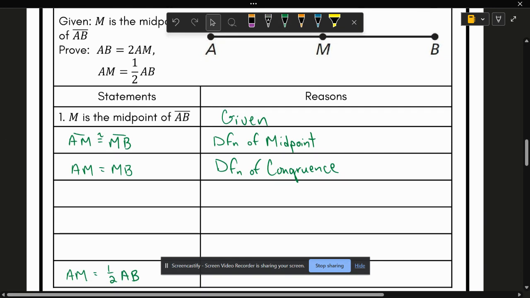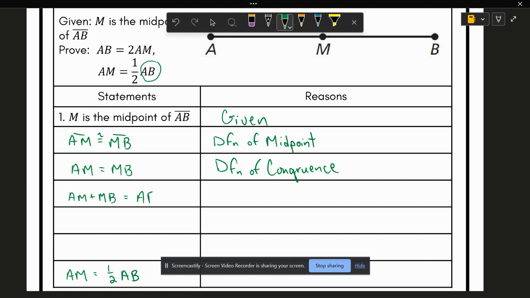So AM and MB are both equal, and they make that line, okay? If you look here too, we also have the AB. So how do we know AM plus MB are equal to AB? What is that? I have a question.